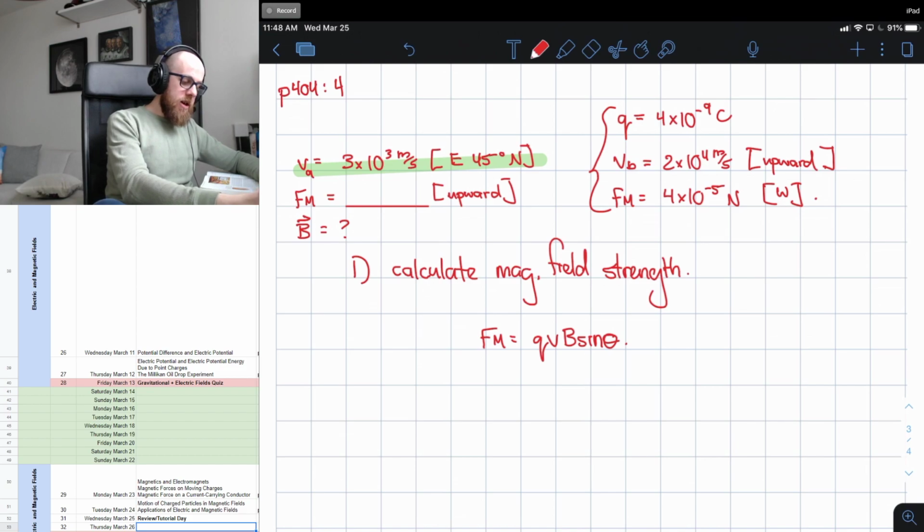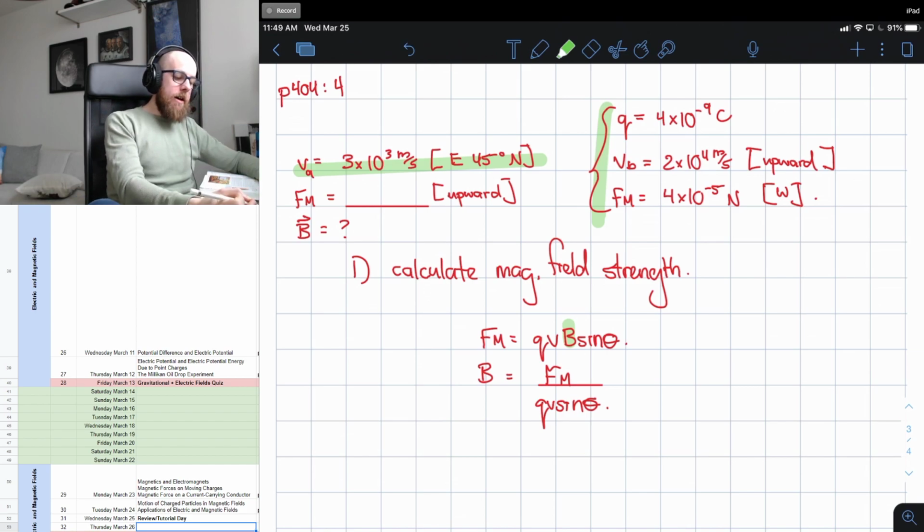Because I know everything in this equation. So I'm first going to rearrange this, and we're going to notice an issue here. I want to isolate this equation for B. B is equal to FM over QV sine theta. Okay. So looking at my givens here, I notice that I have my charge, I have the speed that the particle is moving at, and I have the magnetic force.